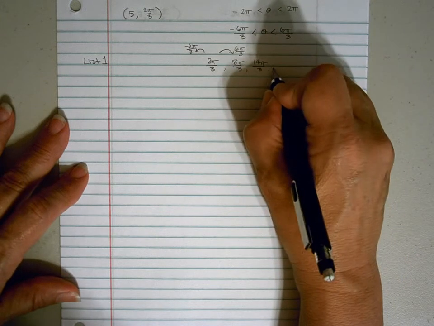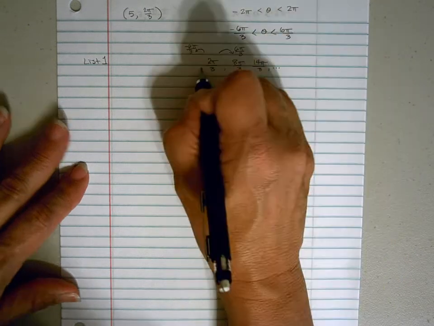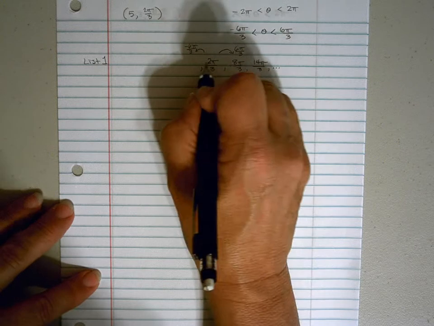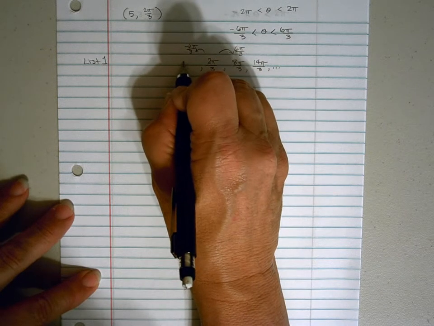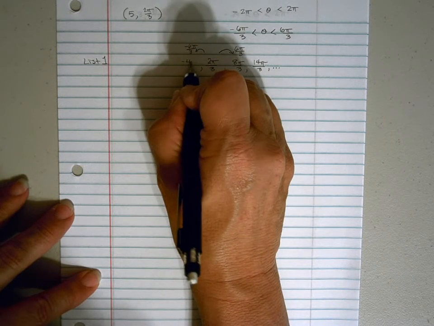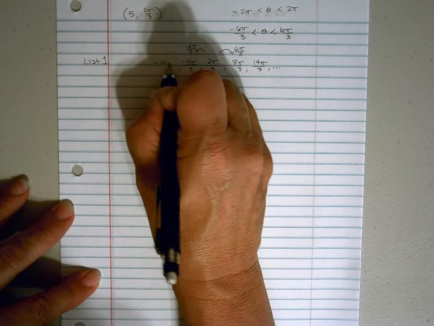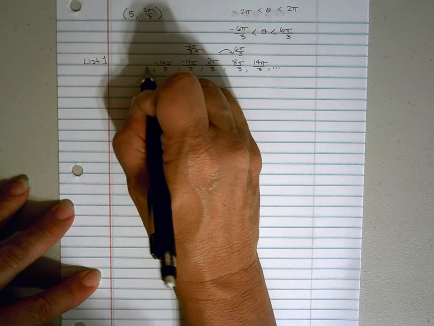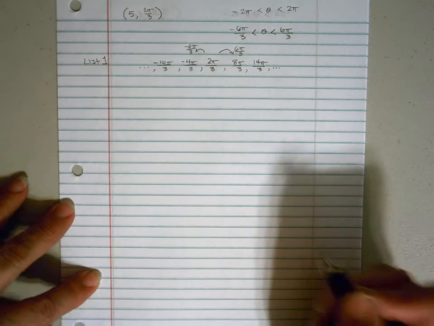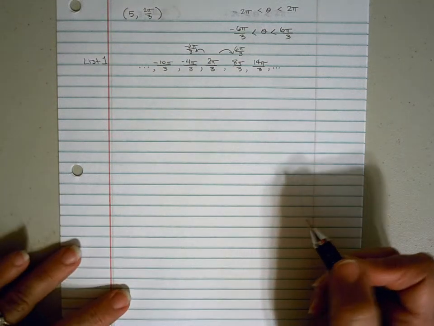We could keep going, but we're not going to need more than 2 in each direction, so I'll just stop there. And subtract 6 would be negative 4 pi over 3 and negative 10 pi over 3. Again, the list is continuous, but that'll give us enough.